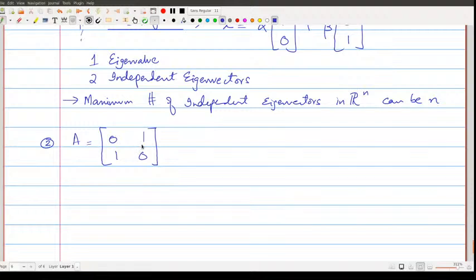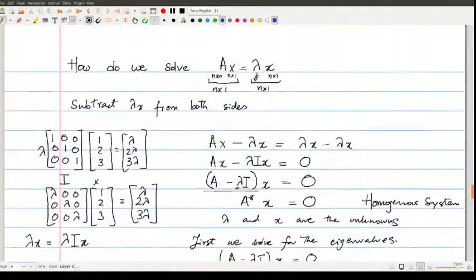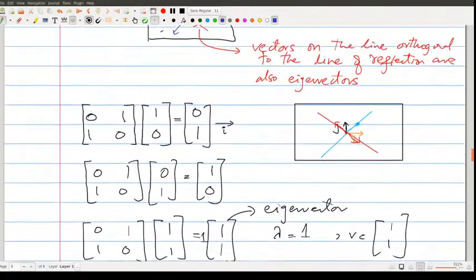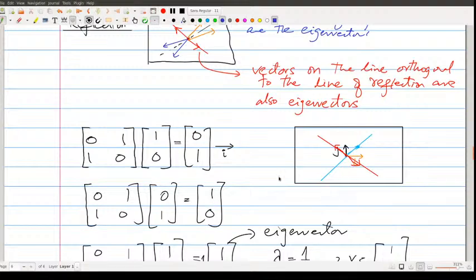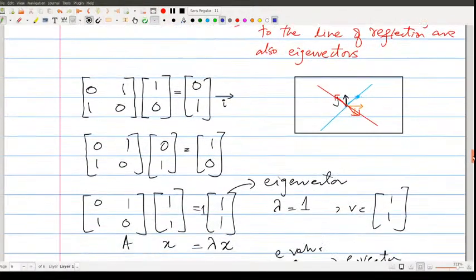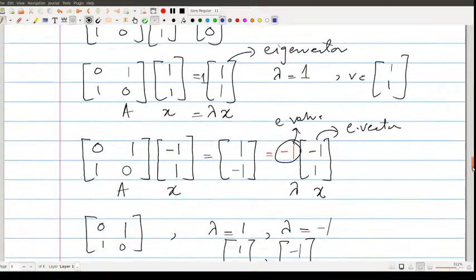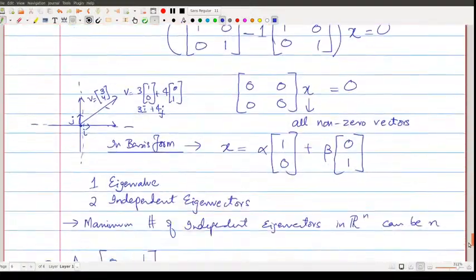It's really close to the identity matrix, but if you recall, this is the same as the reflection matrix, right? So I think we did this example yesterday, in the previous video, where we just guessed the eigenvectors and eigenvalues, right? Let's see if we can solve this using the method that we have now.